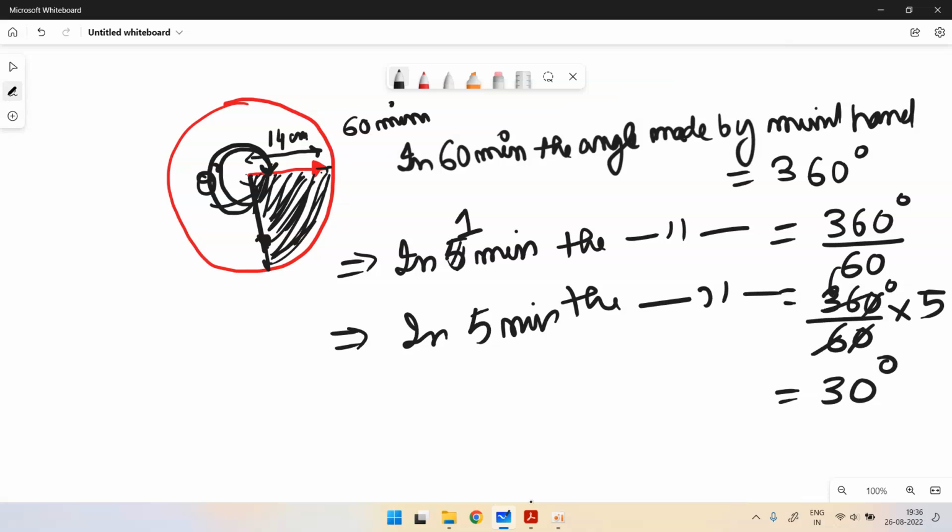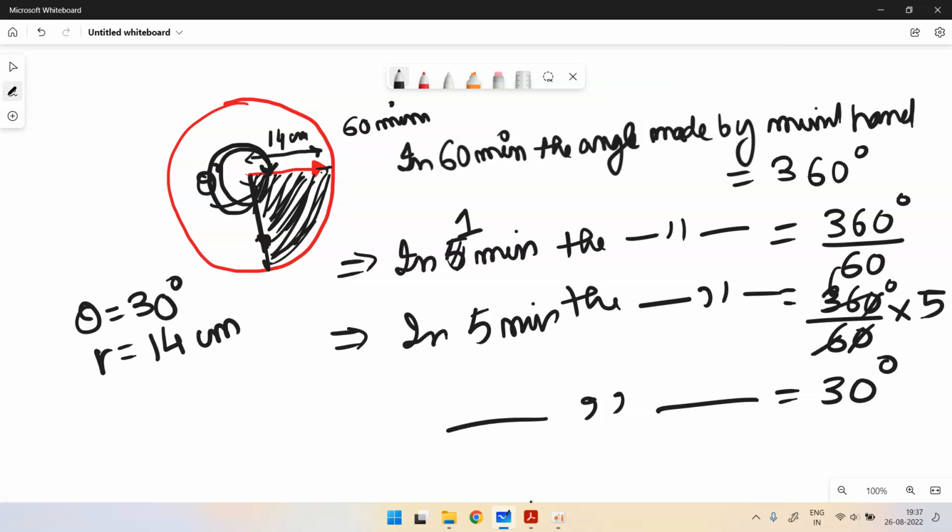This is 30 degree. So the angle made is 30 degree. Now you know that theta is 30 degree, and it is given in the question that the length of the minute hand is 14 centimeter.